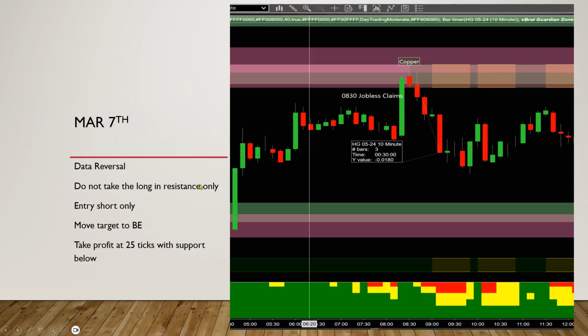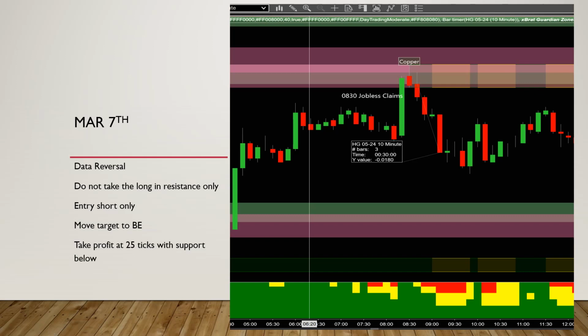March 7th, next day here. We've got a data reversal. Jobless claims comes out. We get this initial move into this big resistance zone, and then we get the copper opening range, and then we get the move down. So again, understanding what not to trade on the straddle there.